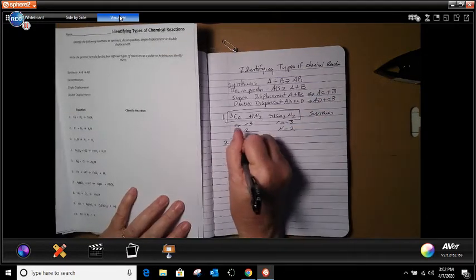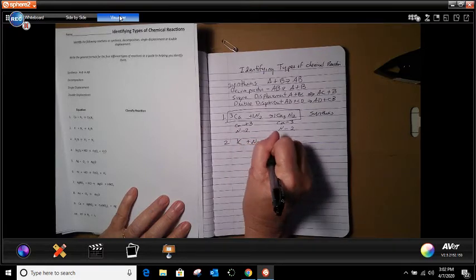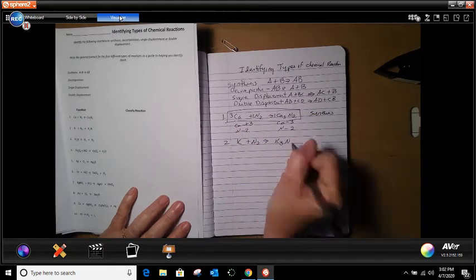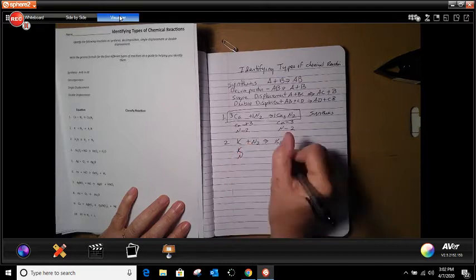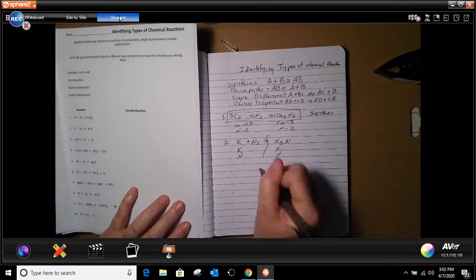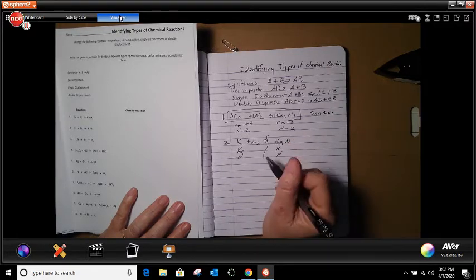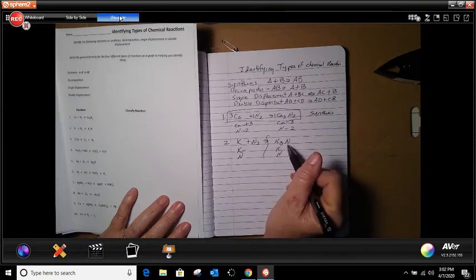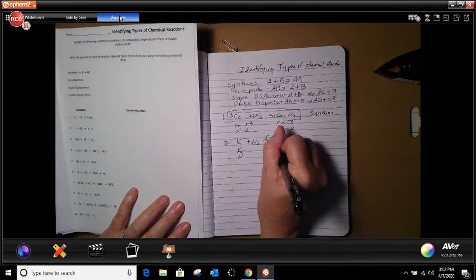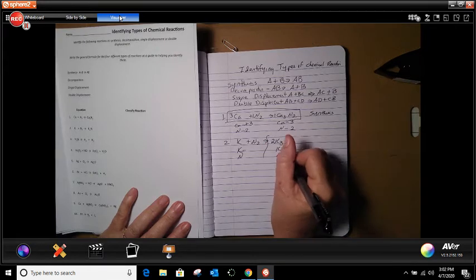Number 2: K plus N2 yields K3N. K and N. For K, I want to have 3, because that's what it says there. But if I put a 3 here, how can I change that to 2? Let's change this to 2 for the N first.